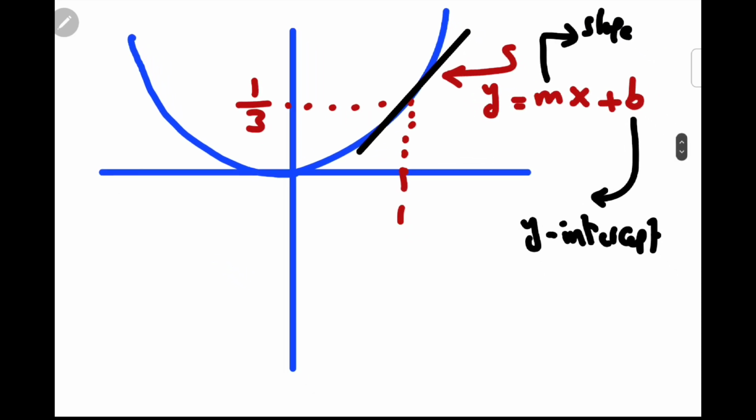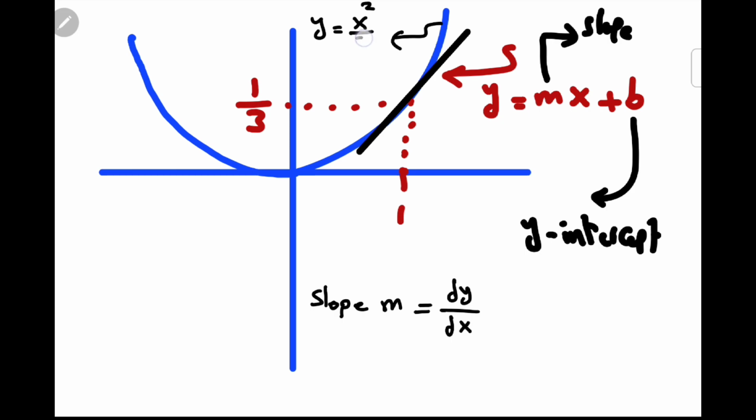But we know that the slope of the tangent line, so the slope m, is equal to the derivative of the original function, which is y equal to x squared divided by 3, evaluated at x equal to 1.